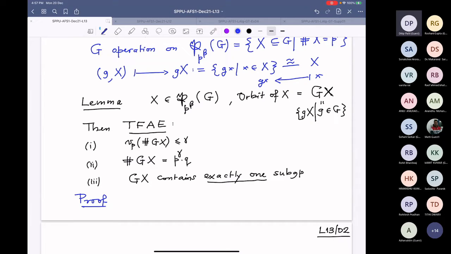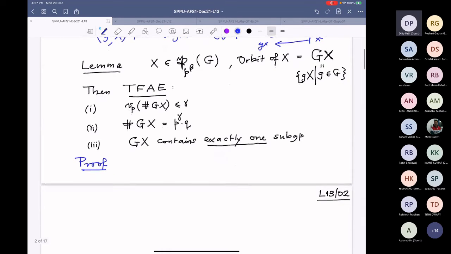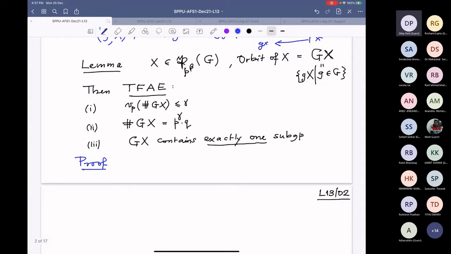All right, so before we write the proof, we write down what we know from group actions. We know the cardinality of the orbit is equal to the index of the stabilizer, isn't it? So we know the cardinality of G, which is N, is equal to the cardinality of the isotropy times the cardinality of the orbit.